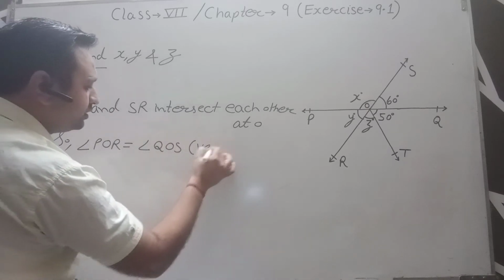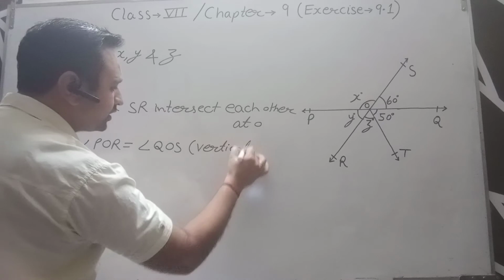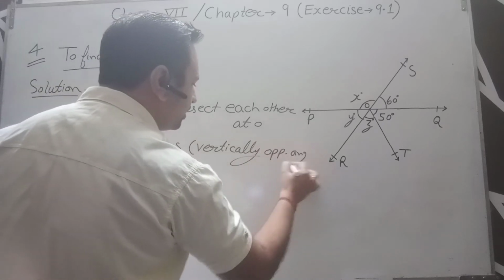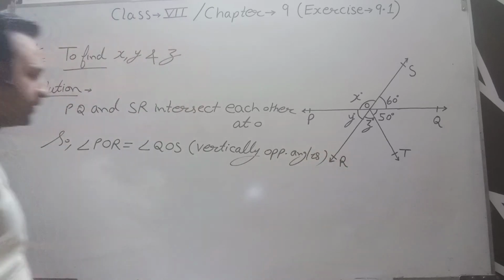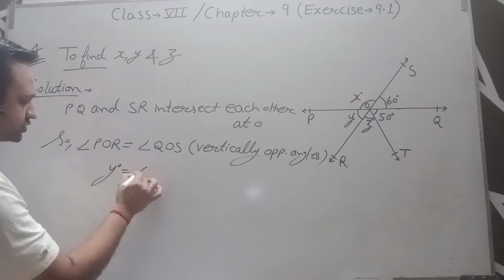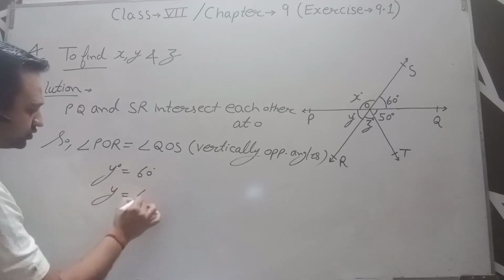What is the reason? Vertically opposite angles. So y degree is equal to 60 degree. It means y is equal to 60.